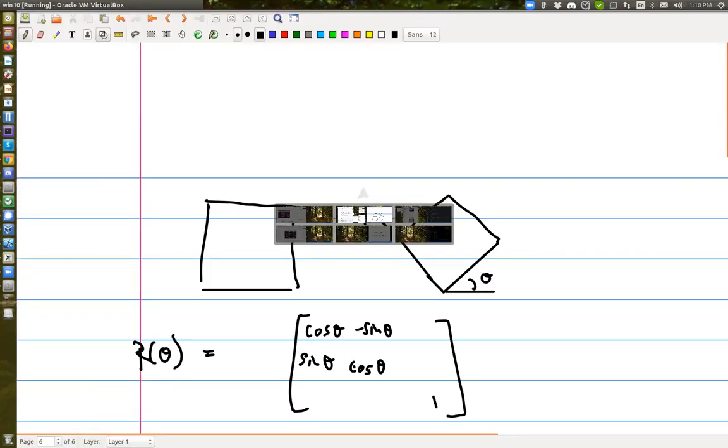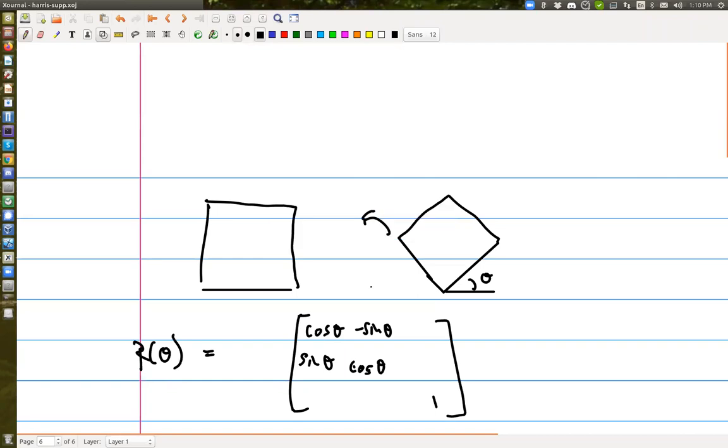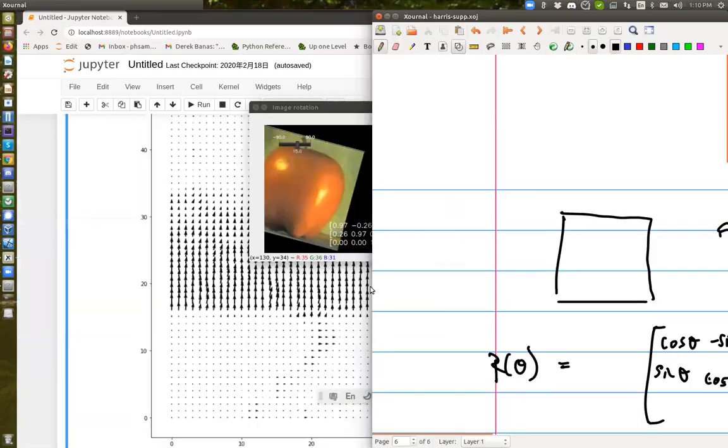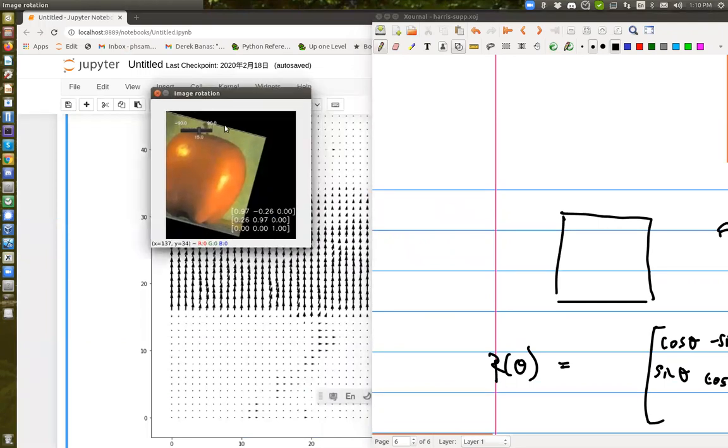I have the same R theta here, but as you see, my theta here is 15 degrees, but I am rotating in this direction instead.